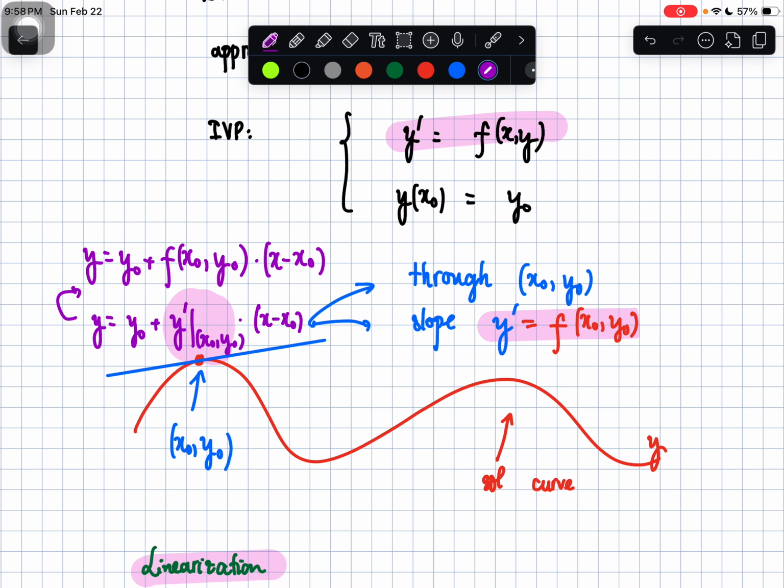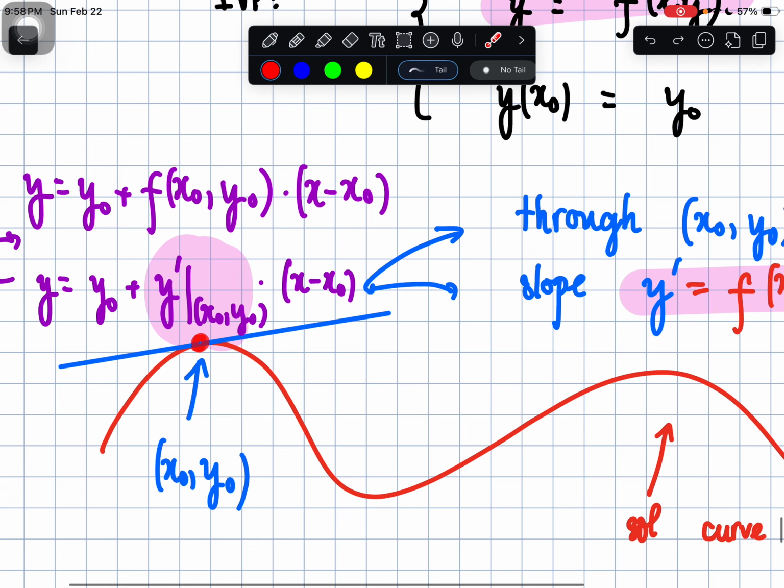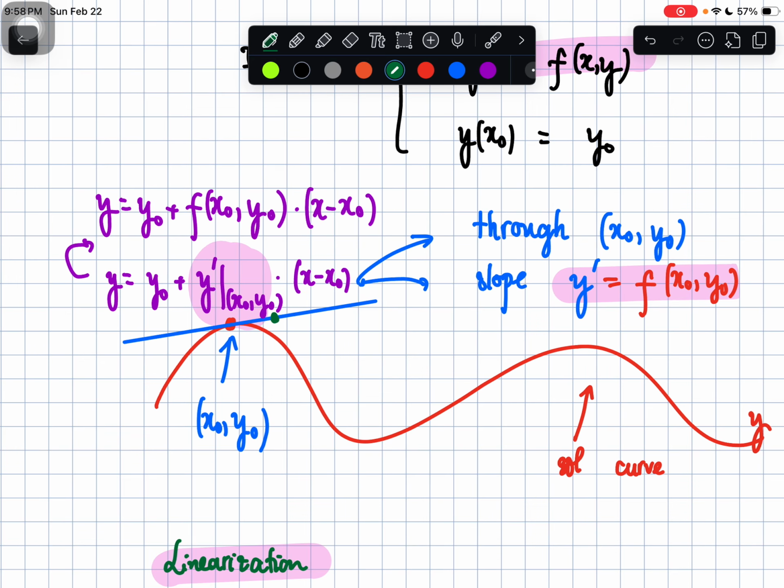Now, because near this point we can use a point on this tangent line to approximate the point on the red curve, let's say I go a tiny bit next to this red point and use this green point to approximate the point on the solution curve. This green point here, I call x1, y1.